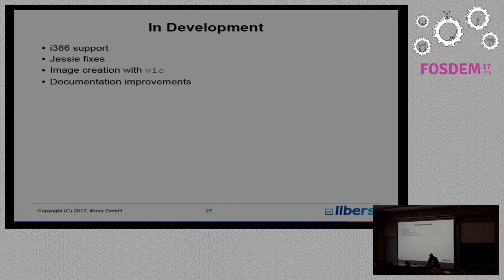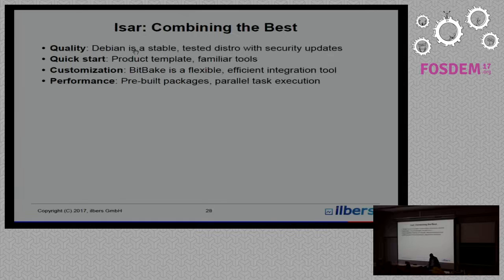Okay, so to summarize, we tried to combine the best options that we see. Debian provides a stable, tested distribution with security updates. Yocto provides bitbake, which is very flexible and efficient.